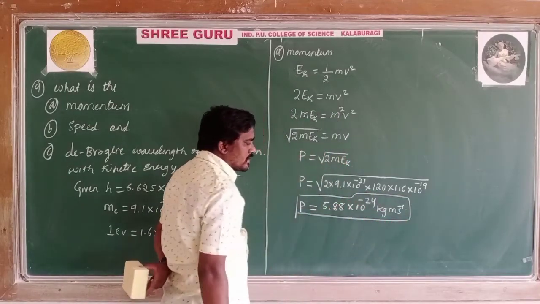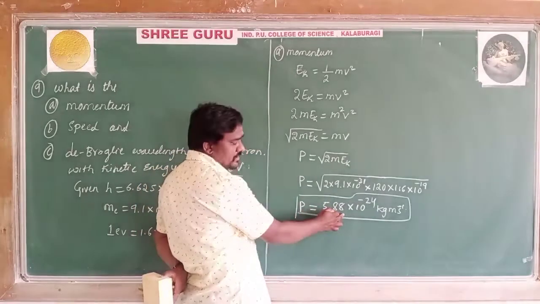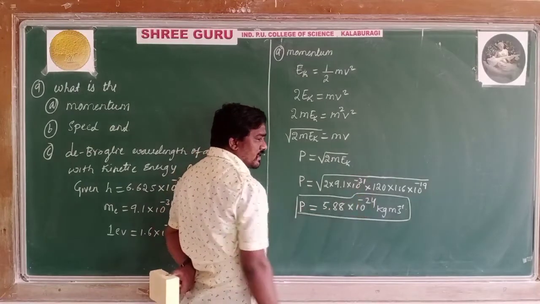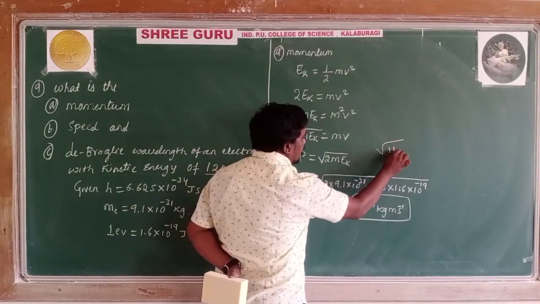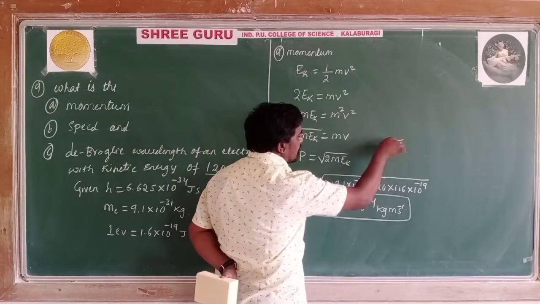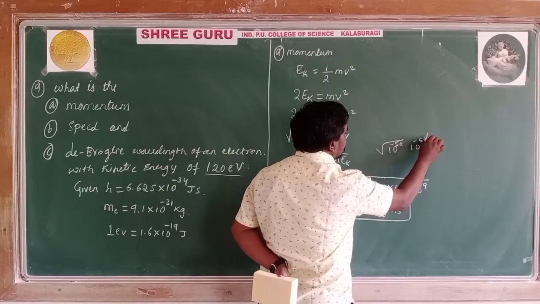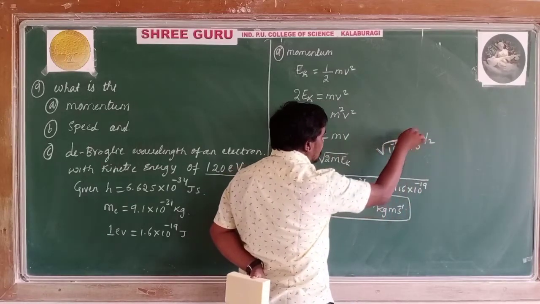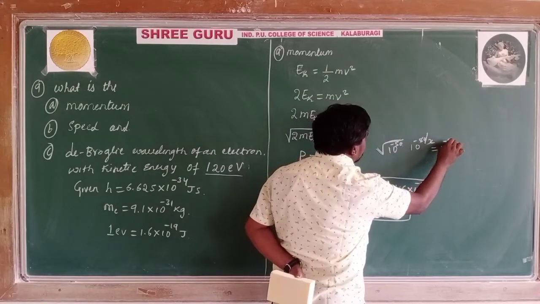Why does it become 24? Because the answer is 58.8 into 10 to the power minus 25. Here is the square root of 10 to the power minus 50, which becomes 10 to the power minus 50 by 2. Square root means half, so it becomes 10 to the power minus 25.